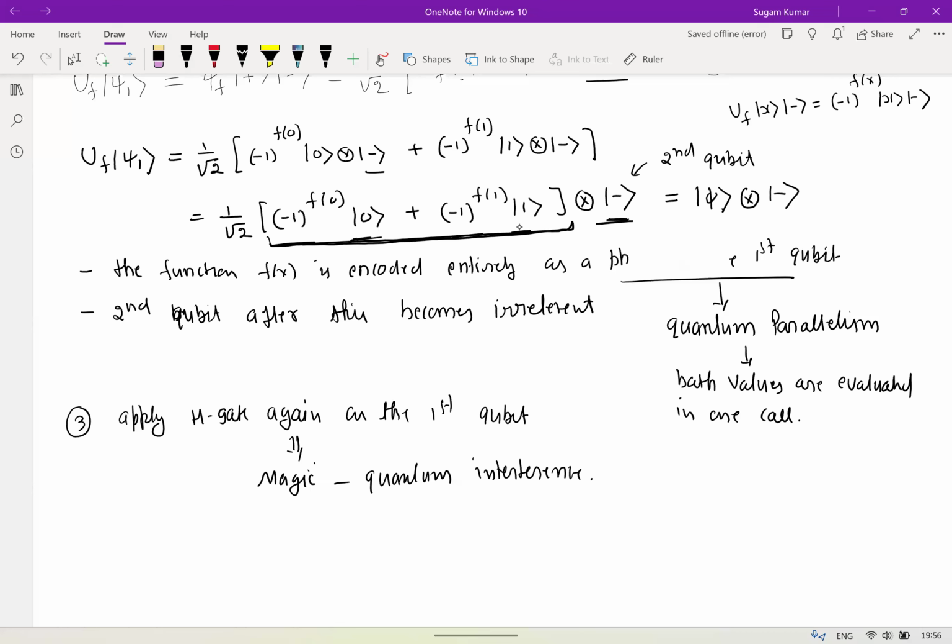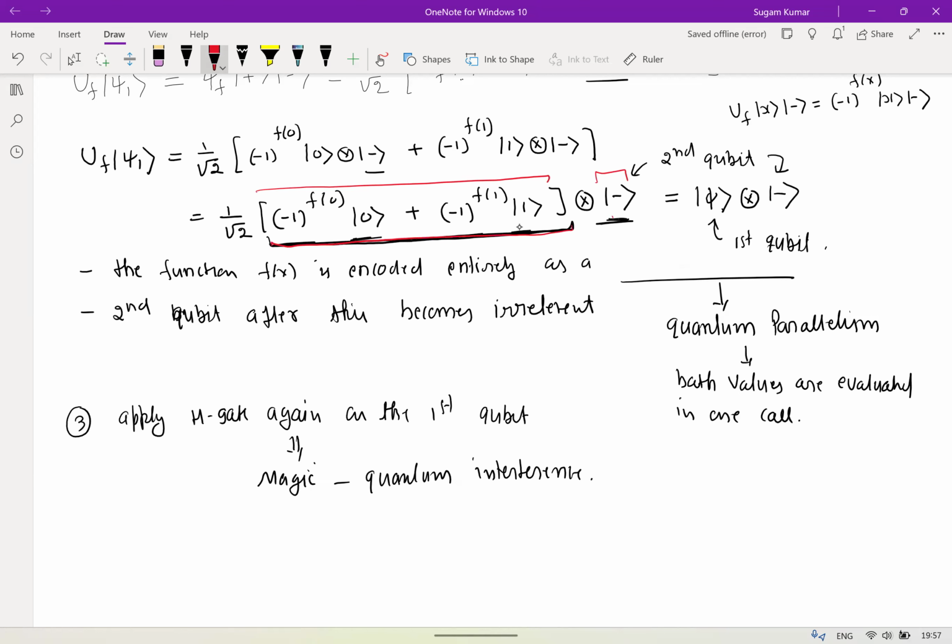So see here, this is the second qubit and this is the first qubit. The first qubit is in the superposition. I hope it's clear up till now. You have a first qubit, then you have a second qubit. Of course, both are in the superposition.